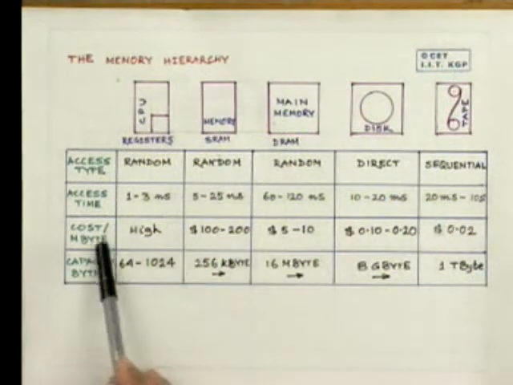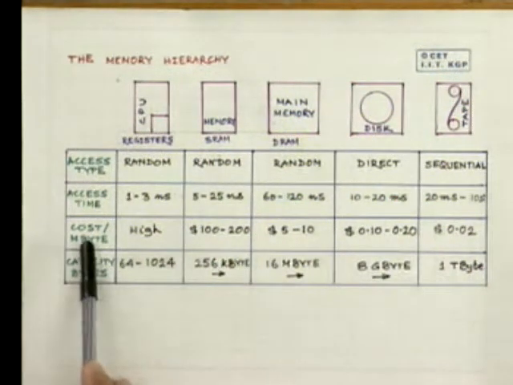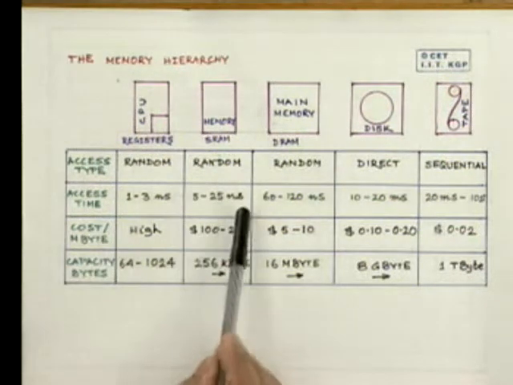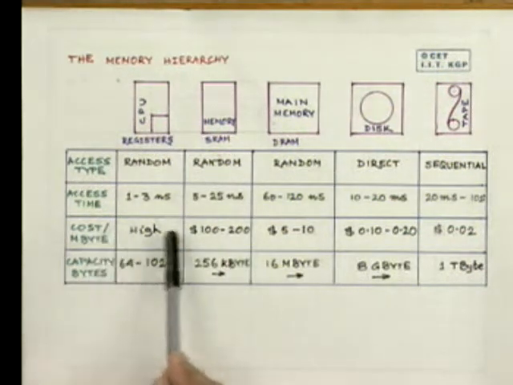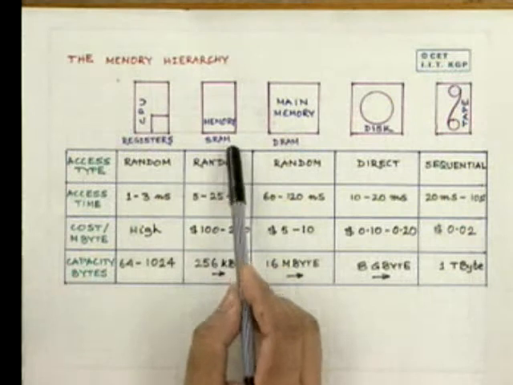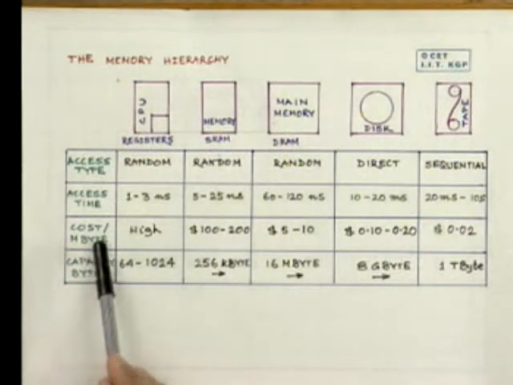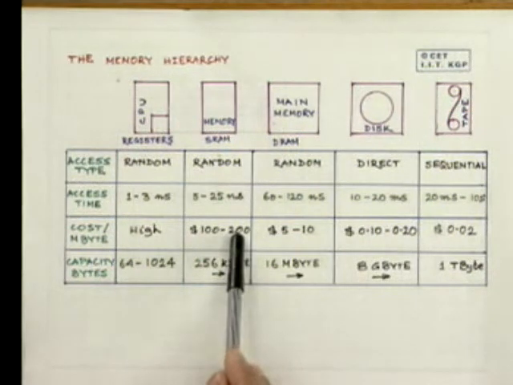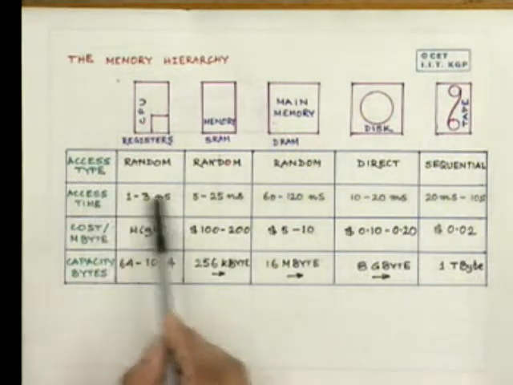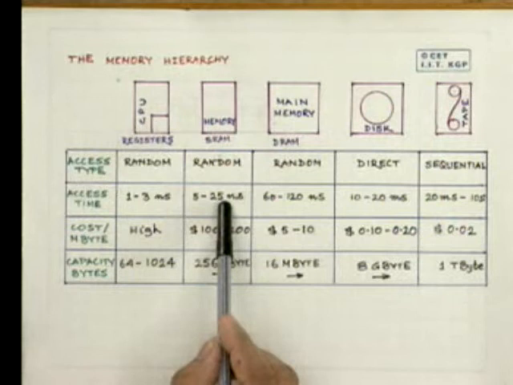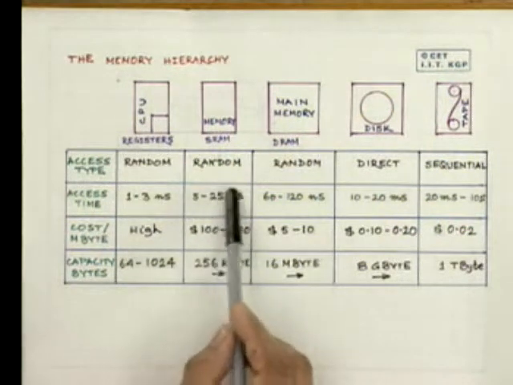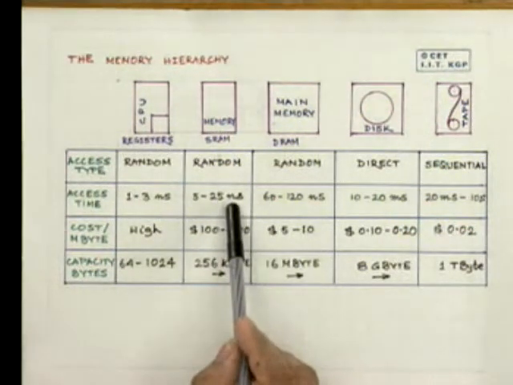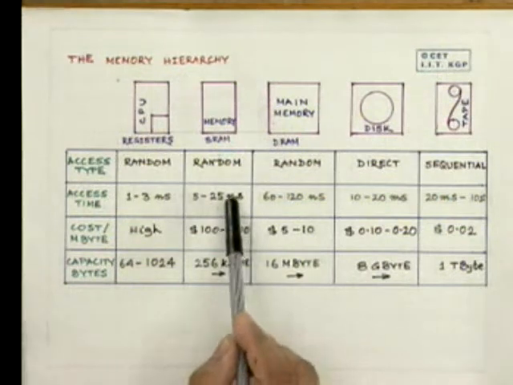But if we could make the main memory out of SRAM, where the cost per megabyte is somewhat high, 100 to 200, it will be pretty costly, but naturally the access time will be very low, and therefore the execution of the program will be quite fast.